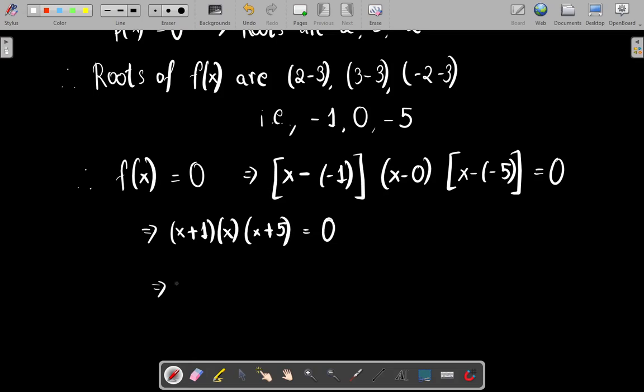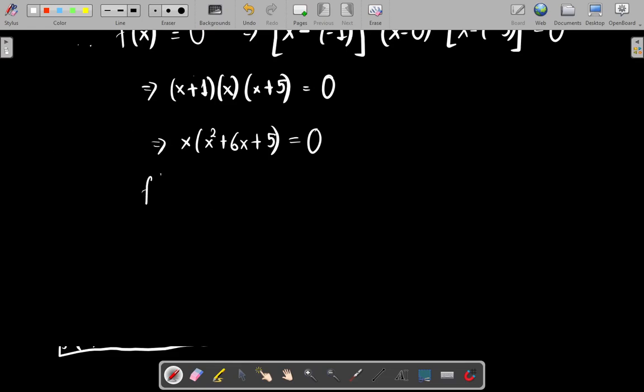I'm multiplying the first and the third factor together: x square plus x plus 5x, so 6x plus 5. So f(x) is equal to x cube plus 6x square plus 5x. This is the polynomial f(x).